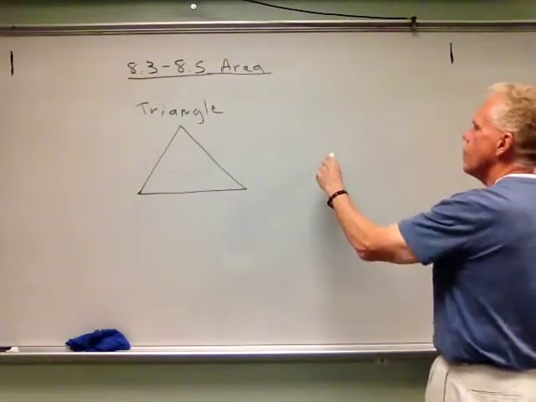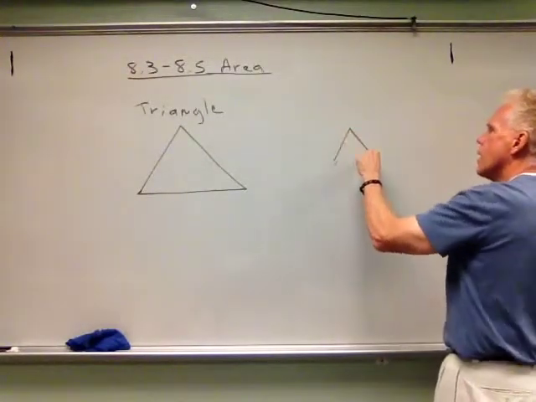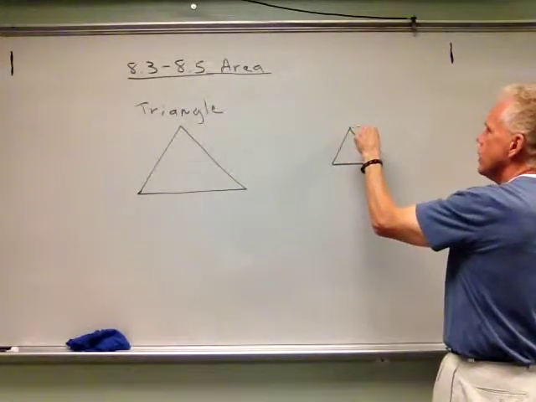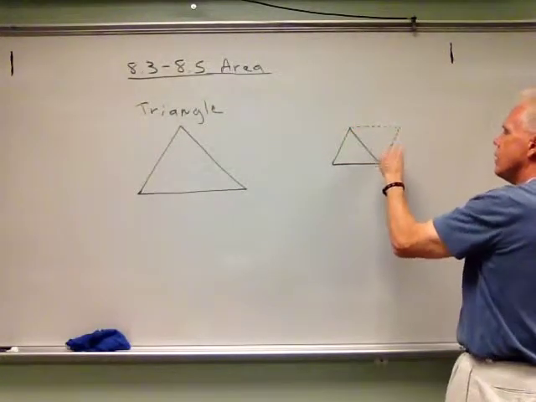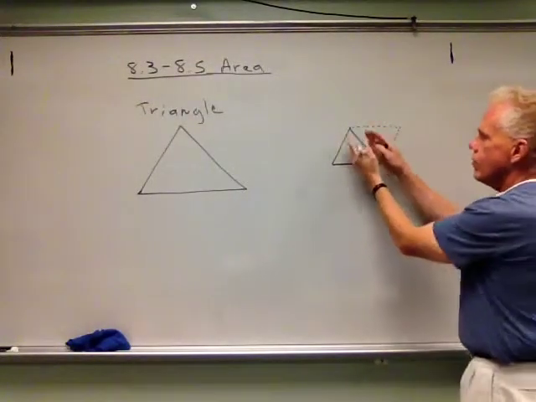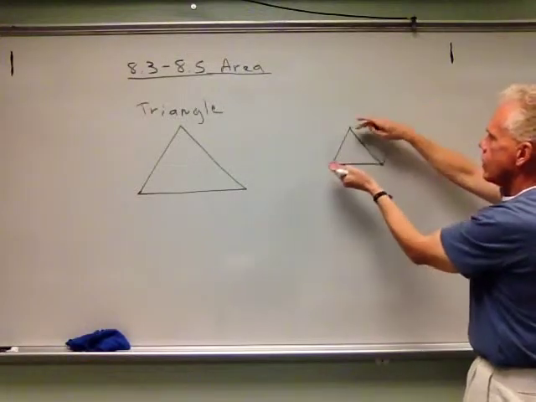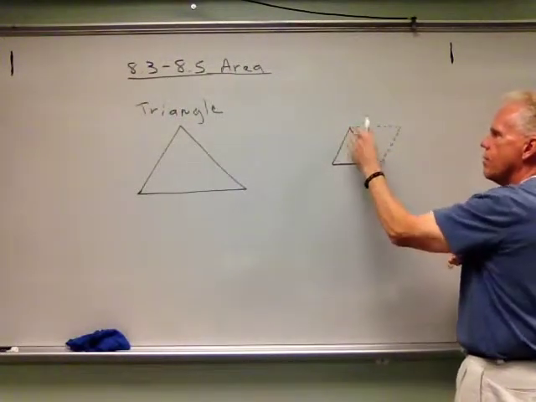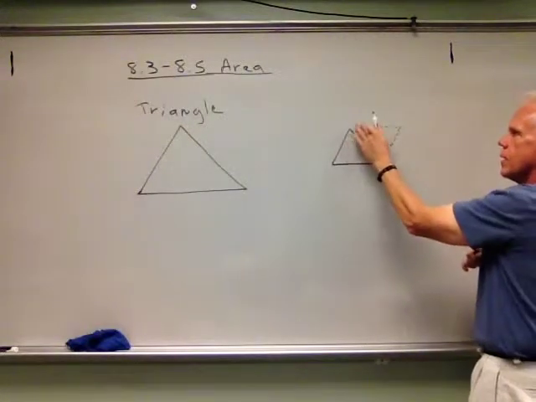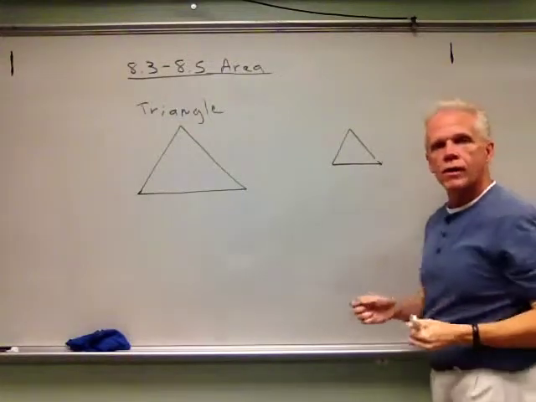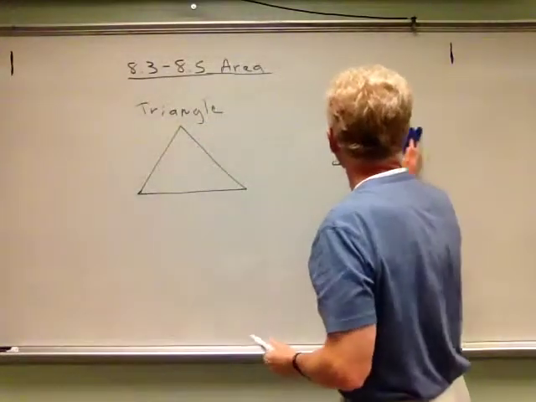What I'd like you to notice about a triangle, if I have a triangle, right there, and let's just say I was to do this and this. What I hope you notice about a triangle is it's like half of a parallelogram. Now, this whole thing here, you see, is a parallelogram. If I was to take the parallelogram, cut it in half, I've got a triangle. That's what a triangle is. It's half of a parallelogram.